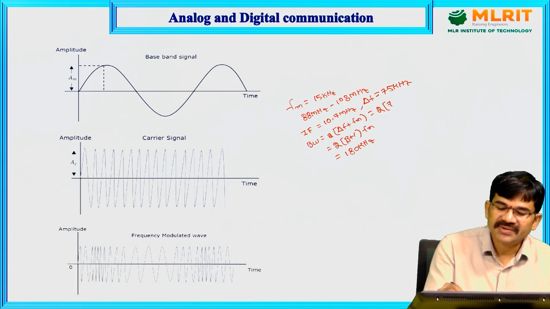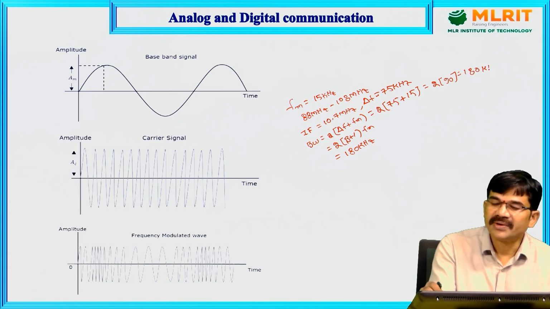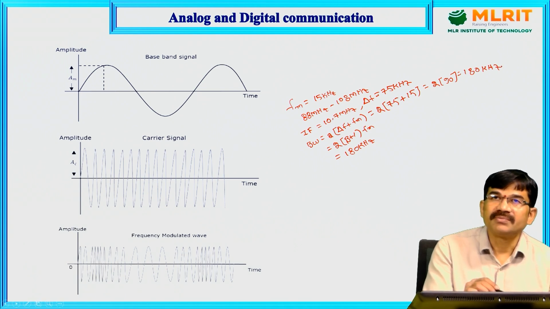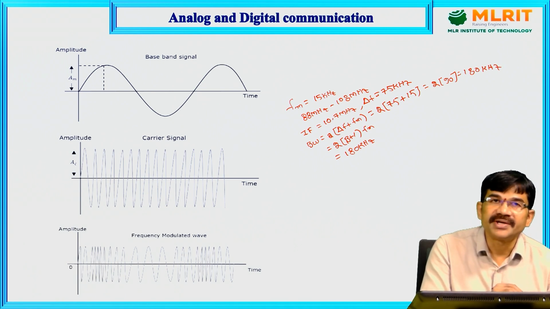So 75 plus f_m, which is 15 kilohertz, gives 90, and 2 into 90 is 180 kilohertz. So the bandwidth of FM is 180 kilohertz.